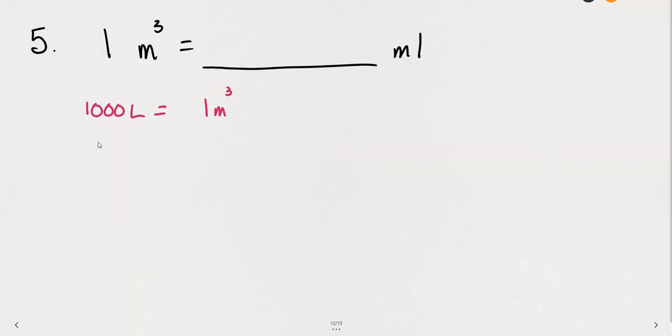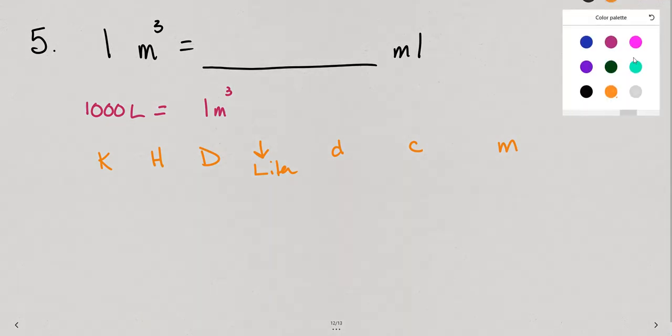I didn't print the chart here, so let me jot it out. King Henry died, and then here we have our liter, drinking contaminated milk.